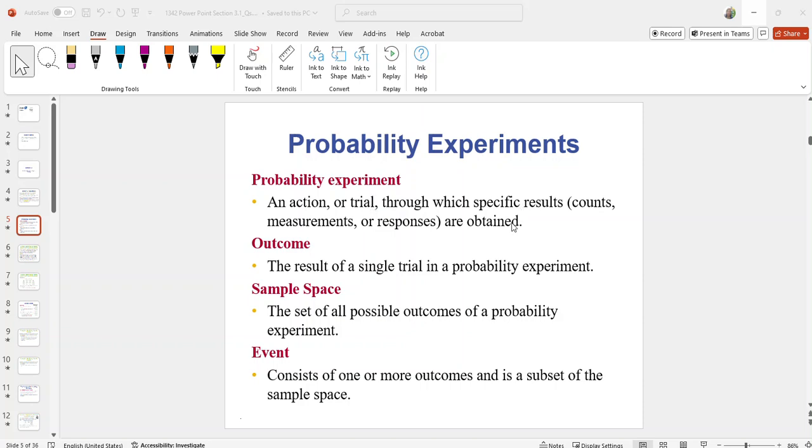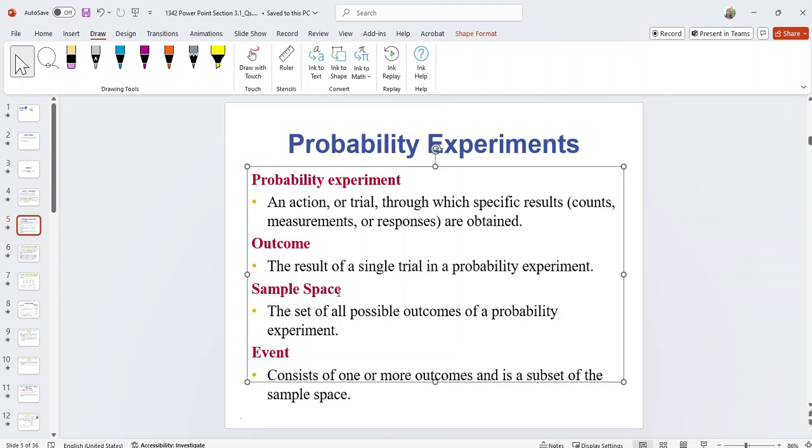With this kind of probability experiment you can count or measure, you can use a survey, and then you can tally that, right? And this event can consist of one or more outcomes, okay? And then another one, this is relatively new, which people have probably never heard of, called sample space.